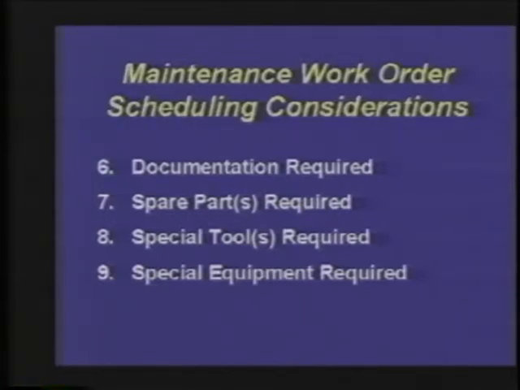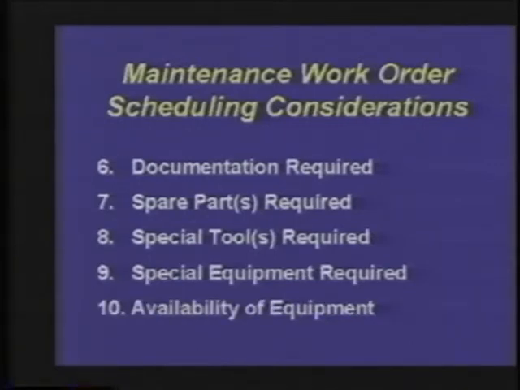But remember, when we talk about issuing items out of the storeroom, every item must be identified with some type of a permanent identification tag, which would include the part number, the description, the unit of measure, the quantity required, and also on that tag, the work order number. And then item number 10, the consideration of the availability of the equipment or the asset where the work is going to be performed.